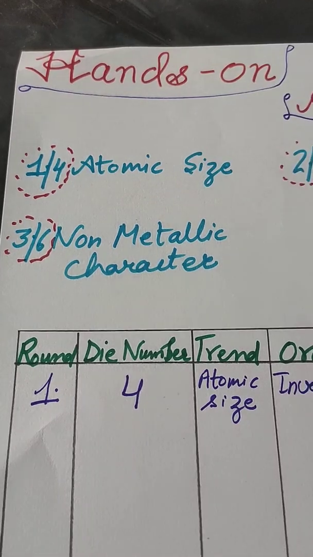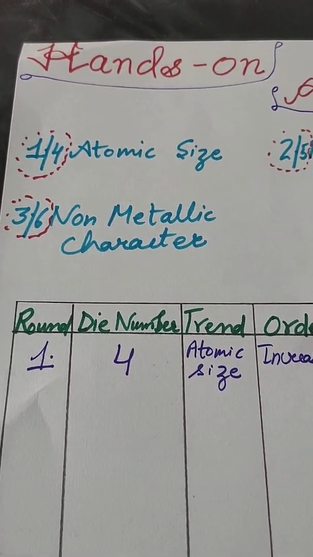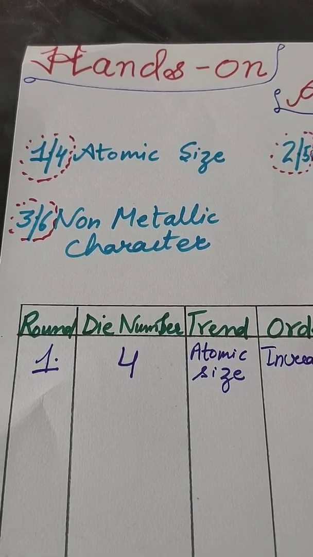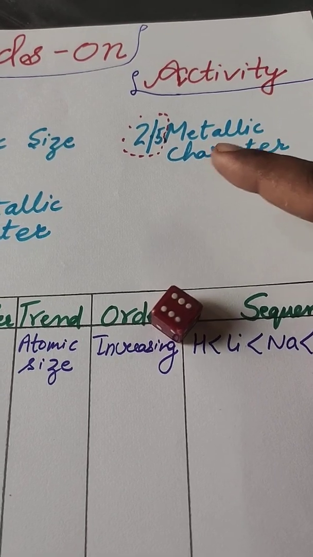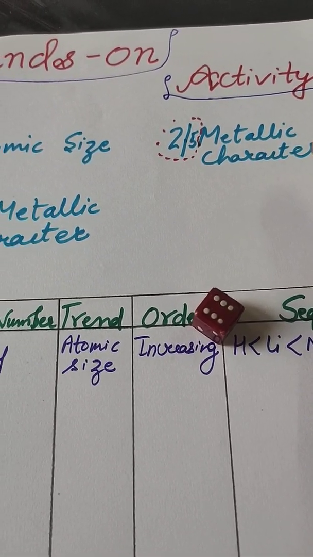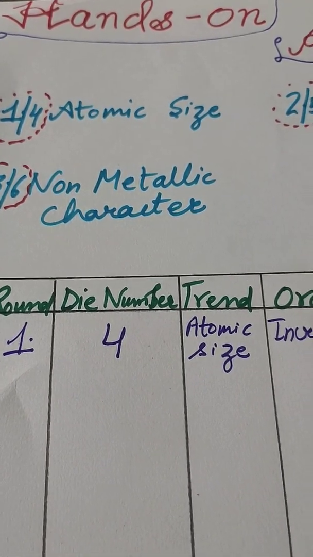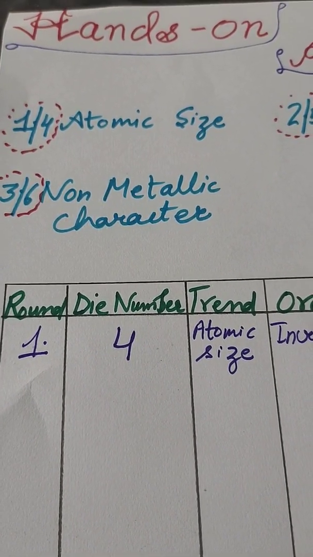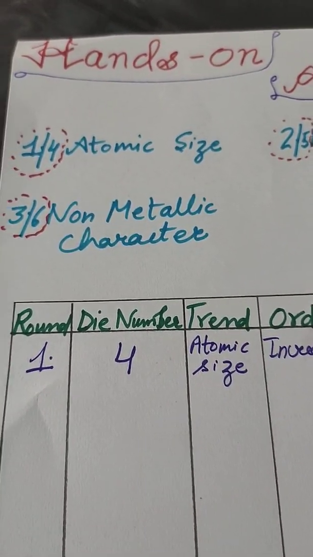If I play the dice and number 1 or 4 comes, then at number 1 and number 4, the trend is atomic size, correct? At number 2 and 5, the trend is metallic character. At number 3 and 6, the trend is non-metallic character. So I have assigned the numbers to these trends, correct?